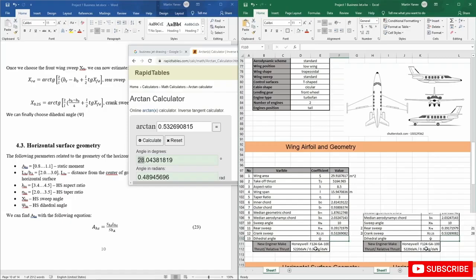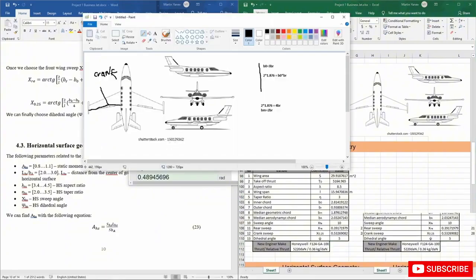And that's it. For the dihedral angle, I will choose about 5 degrees. This is a common value for this angle. And if you don't know what this angle is, it is very simple. If I place an arrow of 90 degrees to the aircraft, and select one more that is a perpendicular here, I will actually make it in red. So you see this line here, and now I will also make another line which refers to the wing.